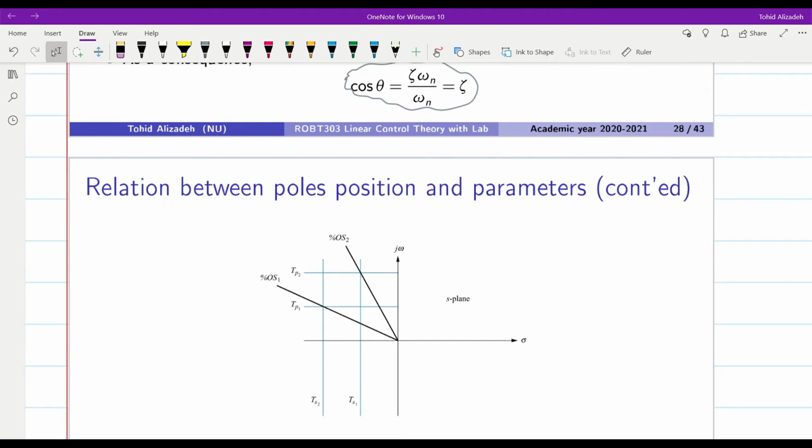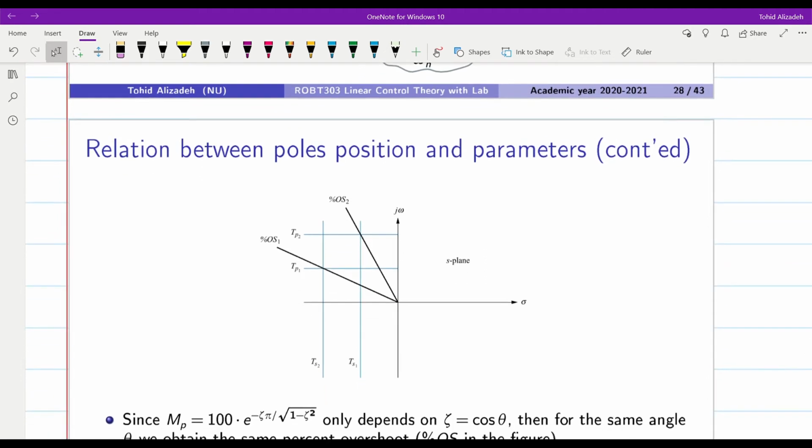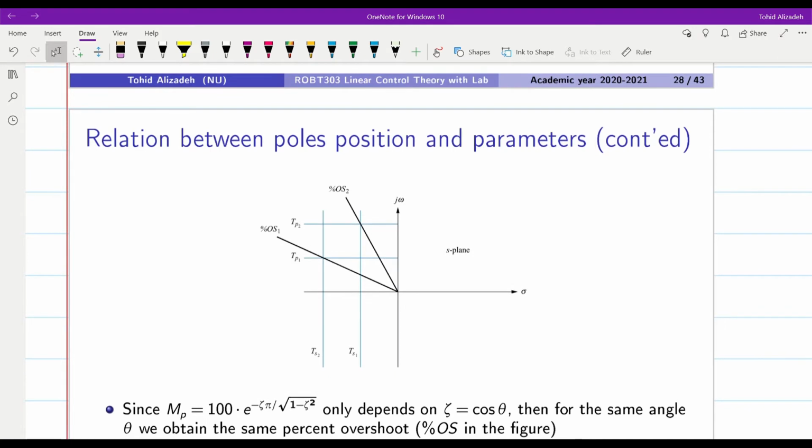Now we will see how the step response parameters and the location of the poles are related to each other. If we first consider the overshoot, or Mp percent overshoot, we know that it is related only to the zeta. And if you remember, as the zeta decreases, overshoot increases, and vice versa.